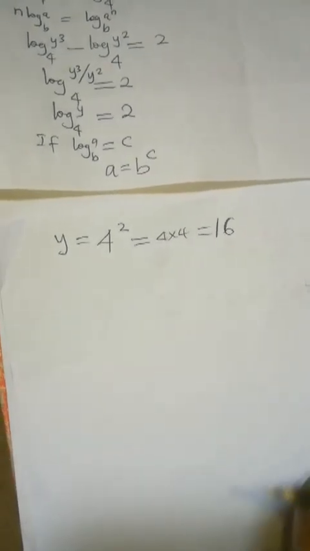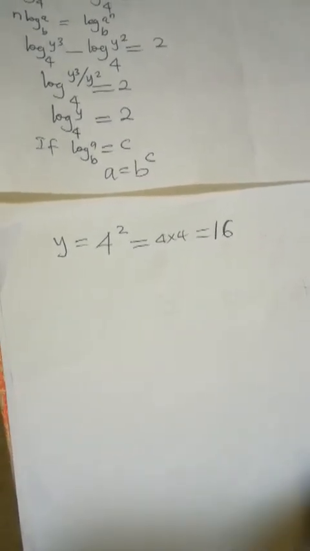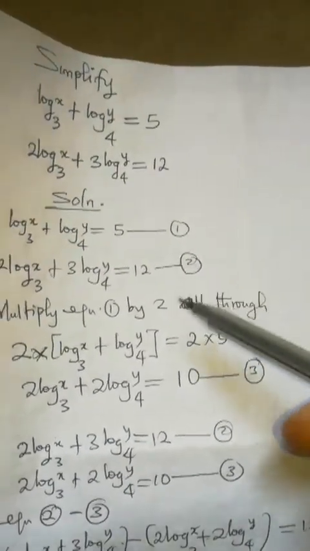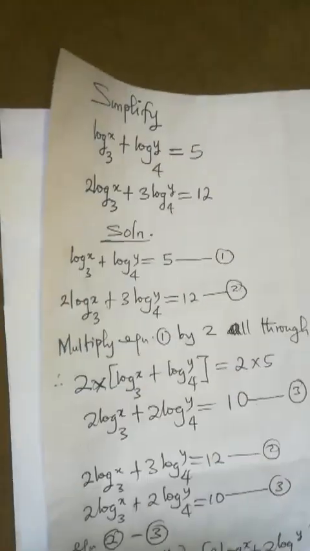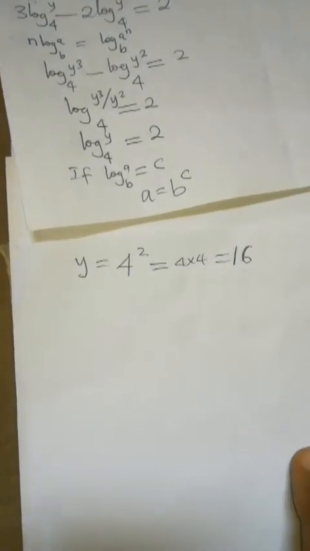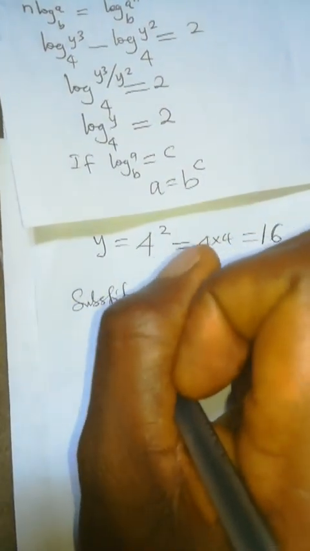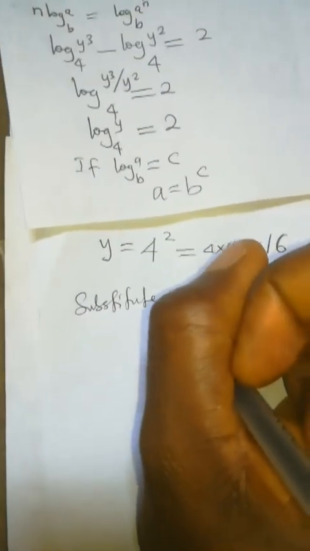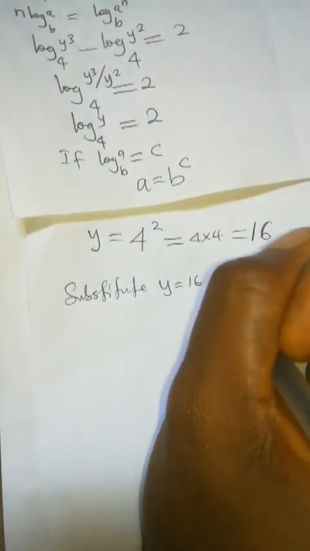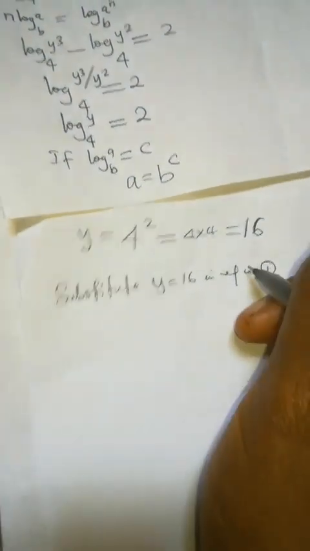So we obtain the value of y. Let's substitute this y into any of the equations to get the value of x, since we have two unknowns. Let's pick equation 1, for instance. Substitute y equals 16 in equation 1.